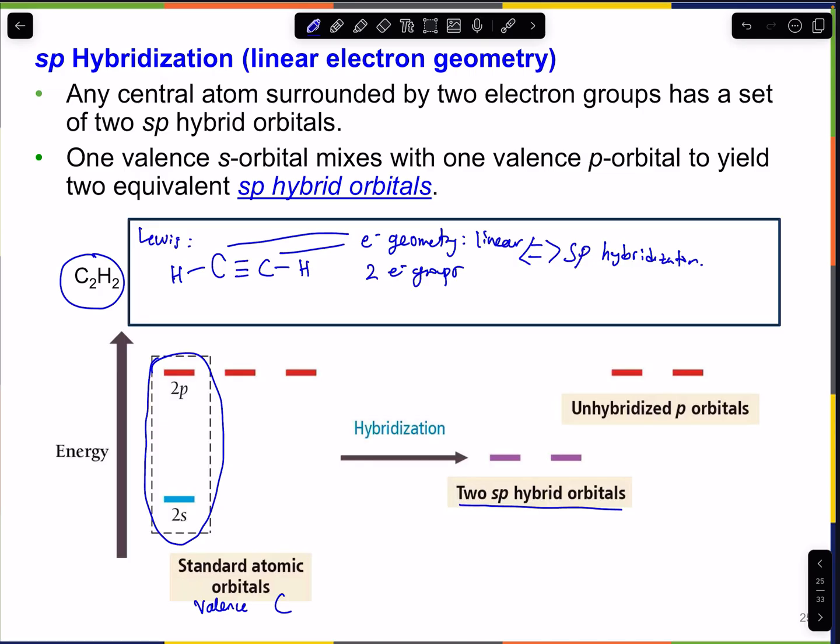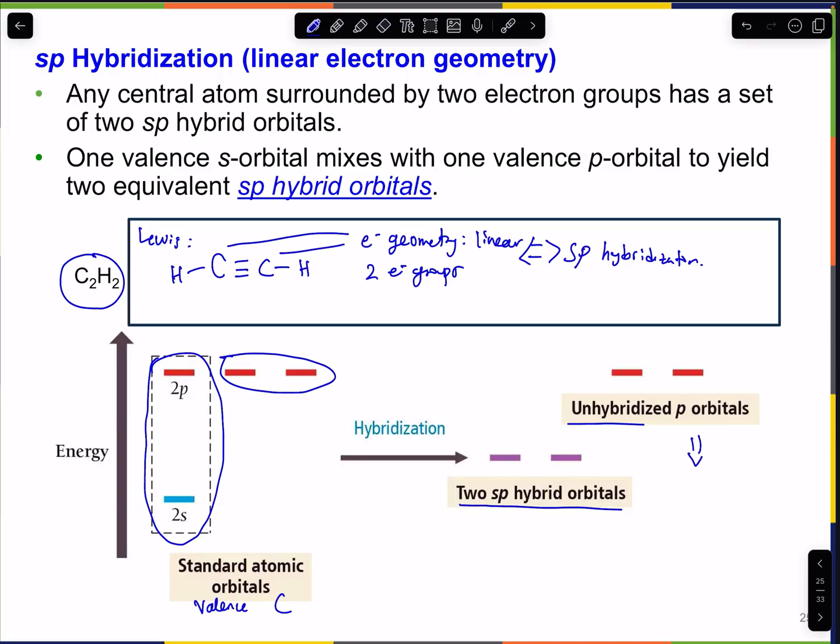These two that are out of the hybridization are again called unhybridized p orbitals. But now we have two of them, two unhybridized p orbitals. Those unhybridized p orbitals keep the same geometry as the pure atomic orbitals, having the same electron density as before mixing, because they are not participating in the mixing.